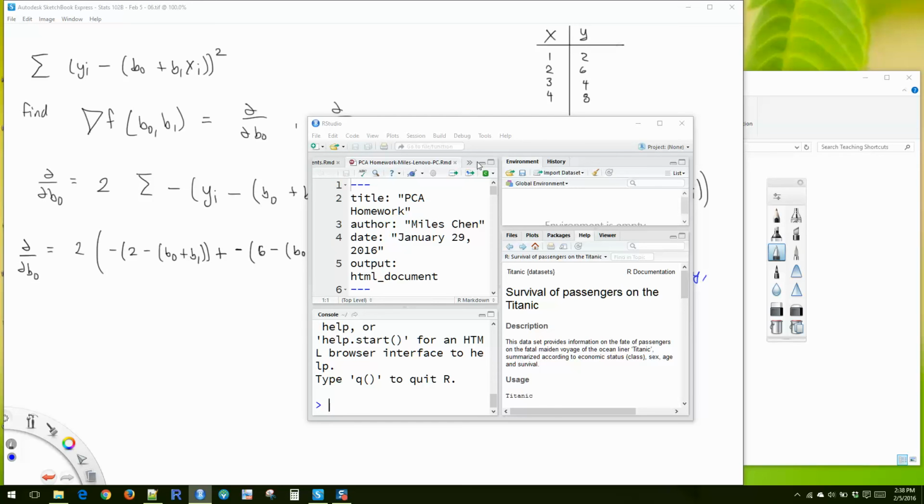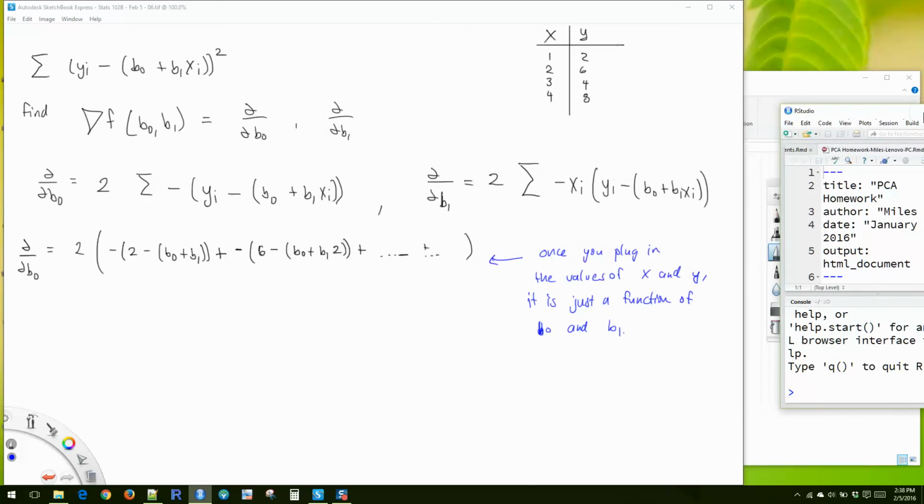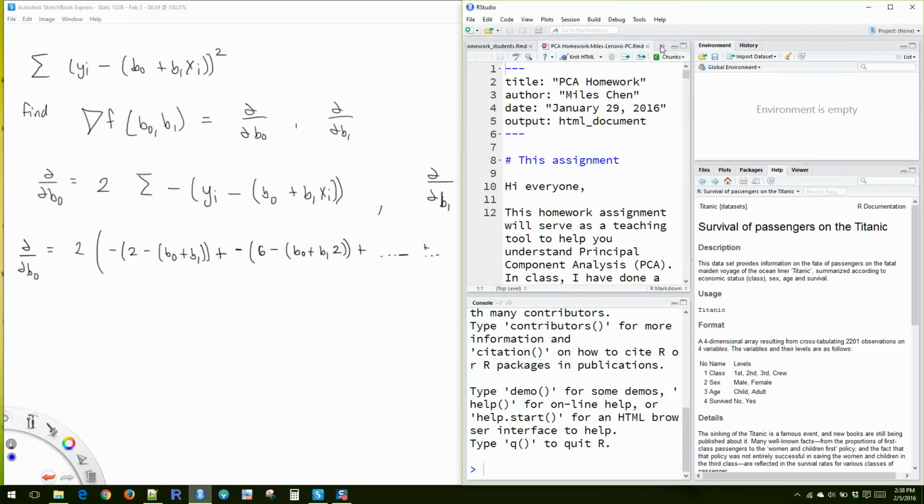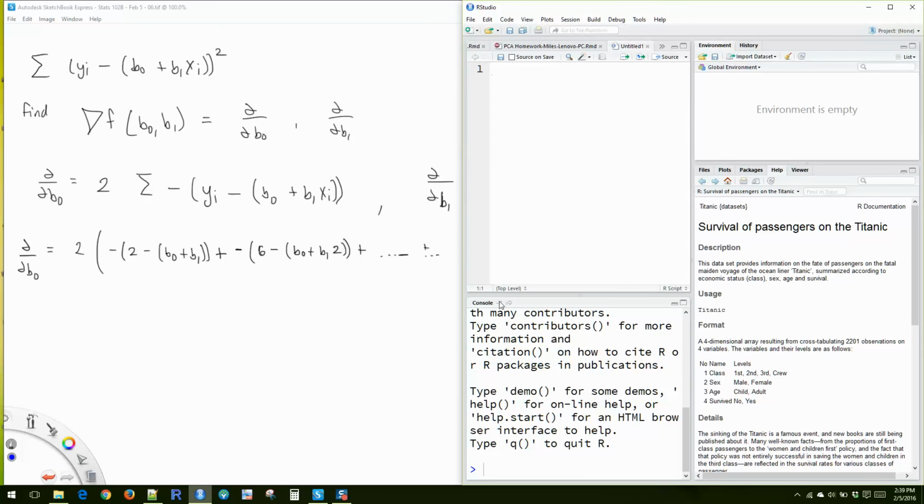What's going on here? Why is this not working? Okay, so let's go.